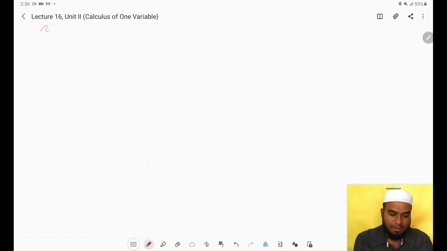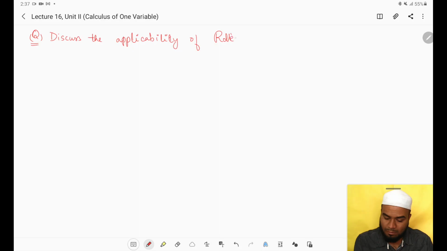So we will consider a question, right? Discuss the applicability of Rolle's theorem to f of x equals x square minus 4x by x minus 2, and the interval is given to be 0, 4, right?